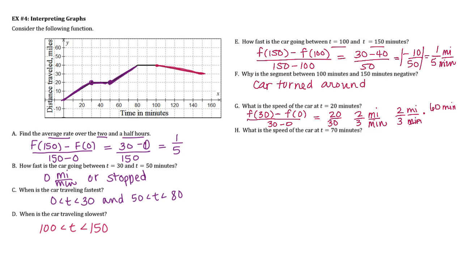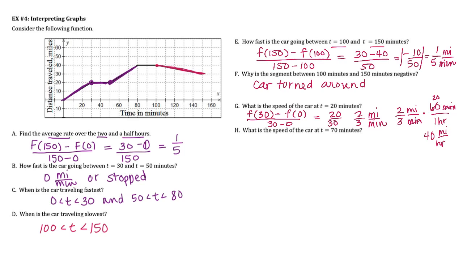So those minutes will cancel, and that's going to leave me per 1 hour. So here 3 goes into 60, 20. So this looks like it's about 40 miles per hour, if you wanted to know in normal terms there.